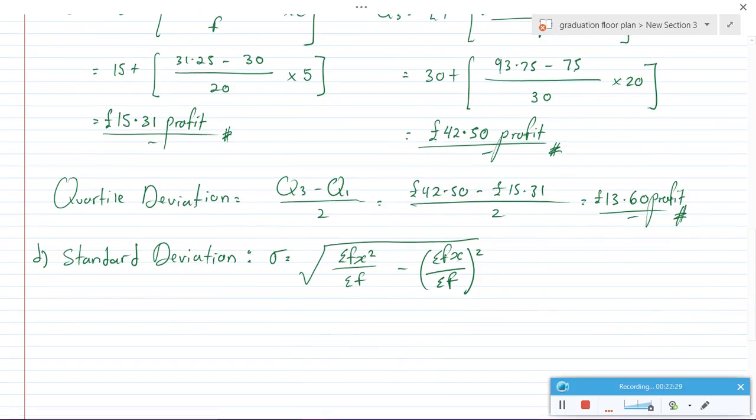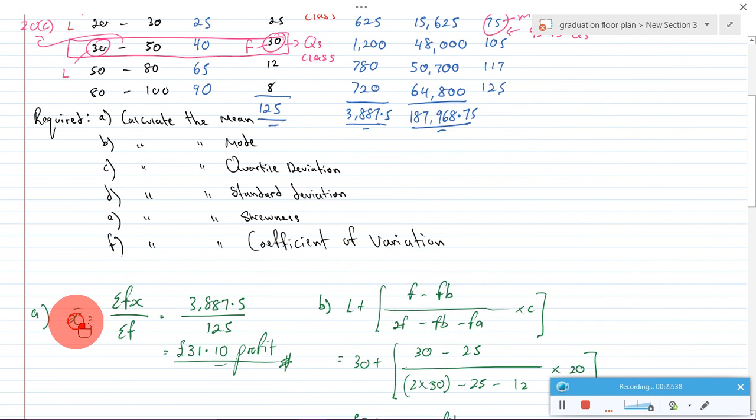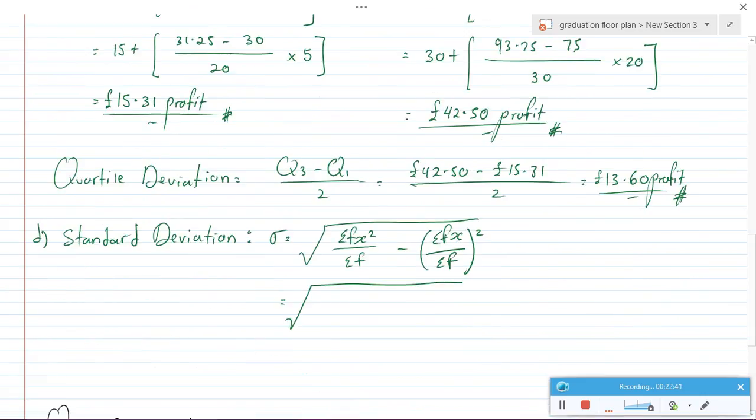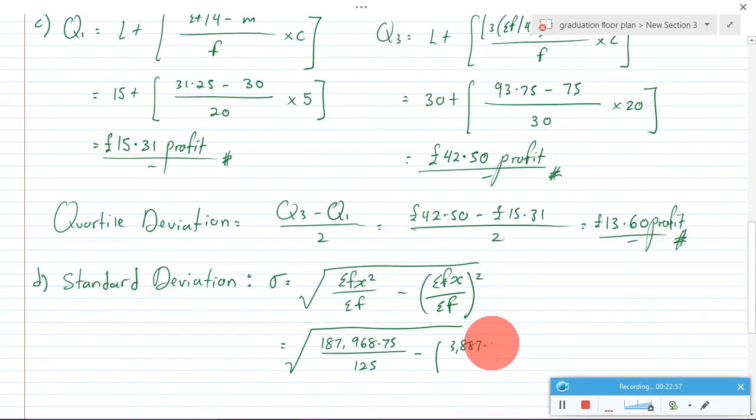Okay, so standard deviation is done. Last but not least, we still have E and F, skewness and coefficient of variation. Skewness is mean minus median divided by standard deviation.